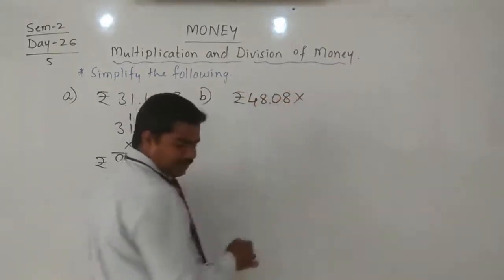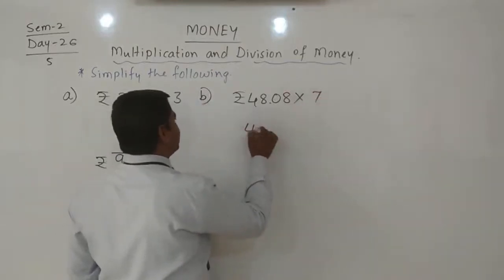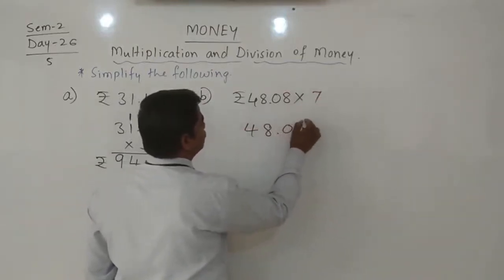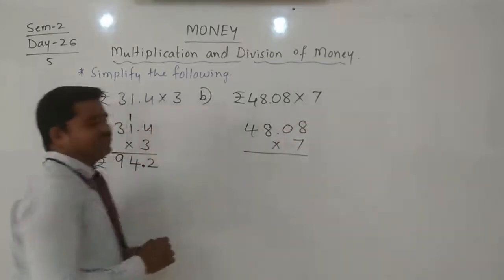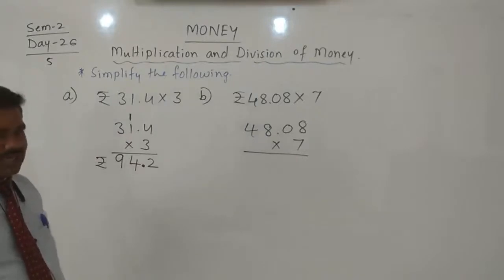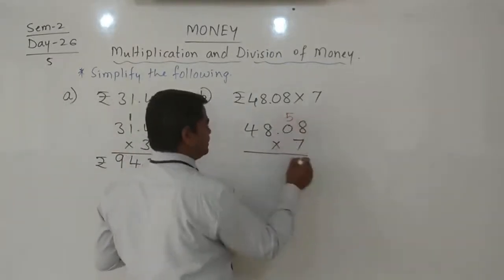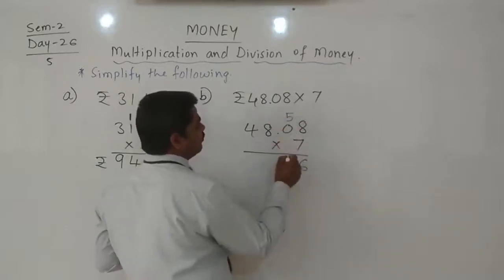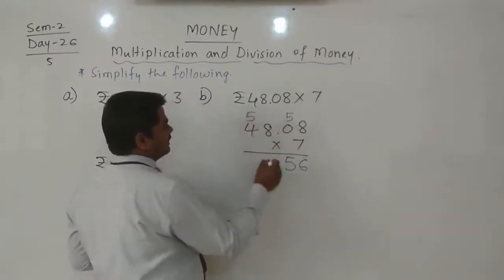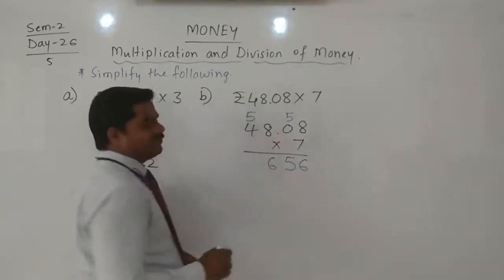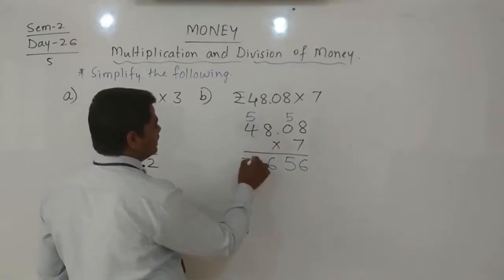Next, rupees 48.08 multiplied by 7. Write 48.08 into 7. 7 8s are 56, 5 carries, write 6. 7 zeros is 0 plus 5 is 5. 7 is again 56, and 7 4s are 28 plus 5, it is 33.